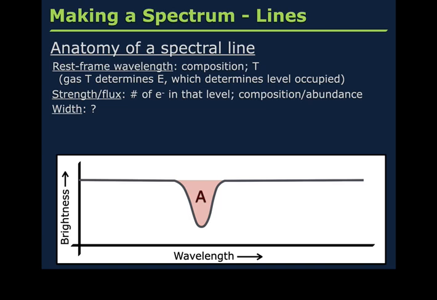The best way to define the width of a line is by something called its equivalent width. We can measure the area of the line and then imagine the theoretical perfect rectangle that would go from the continuum, the point where there's no absorption happening in the spectrum, all the way down to 0.